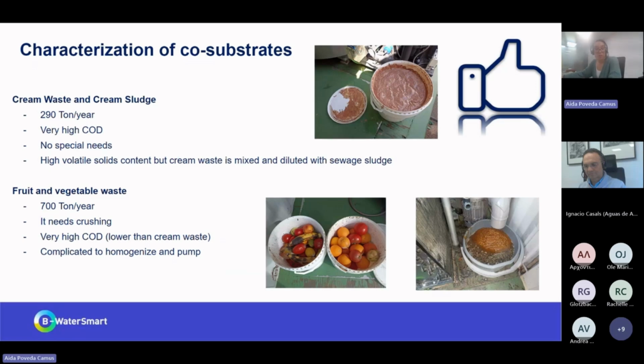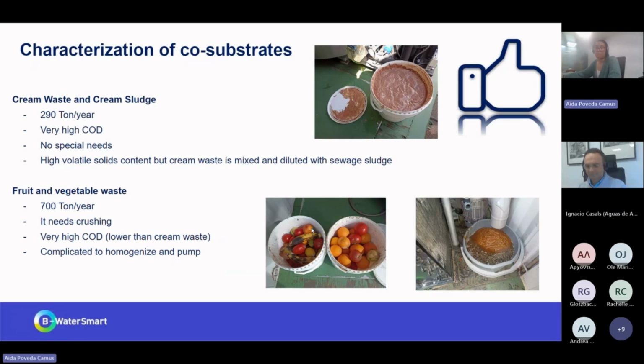These have a high COD and a high value of volatile solids, and that's why they are a good substrate. The fruit and vegetable waste has a high COD, but not as high as the waste from the ice cream factory. Regardless, it is still a good substrate for co-digestion.